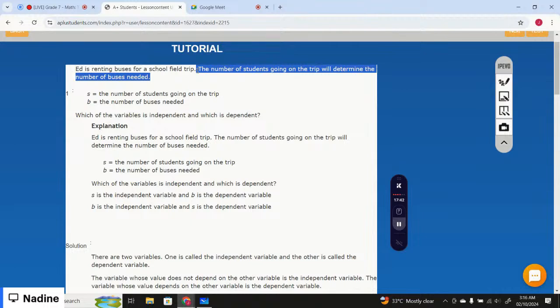So S is the dependent variable and B is the independent variable, right? No, S is the independent variable and B is the dependent variable, because the number of buses is dependent on the students going on the trip, right? So variable S is the independent variable and B is the dependent variable. Got it? Let's just start with the test questions.